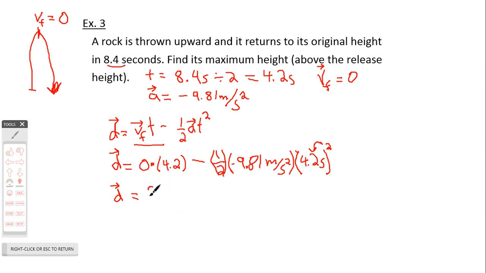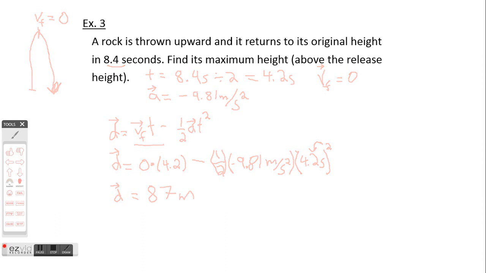And the square needs to be applied only to the 4.2. However we do our brackets, it can only affect the 4.2. Otherwise, we will get a much larger answer than we should have. So we work that out right now.